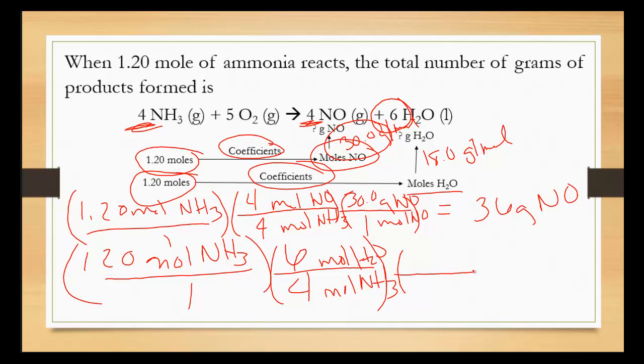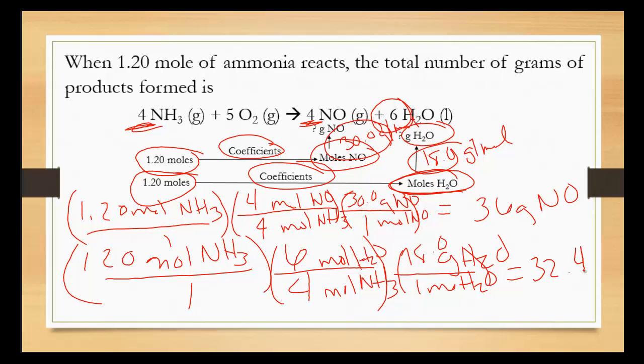We're going from moles of H2O to grams. So for 1 mole of H2O, we're looking for the molar mass, which is 18. There's 18.0 grams of H2O. So it's going to be 1.20 times 6 divided by 4 times 18 to equal 32.4 grams of H2O.